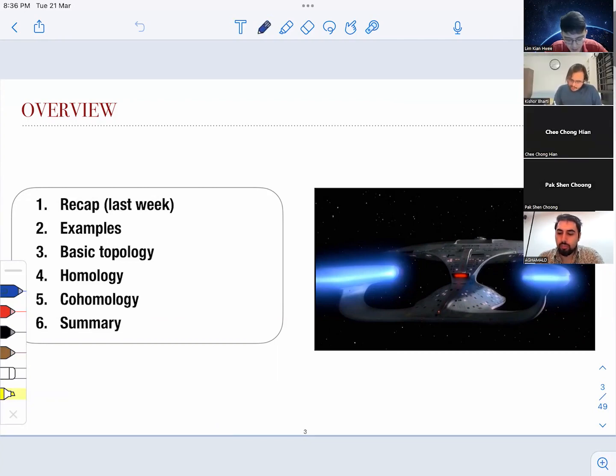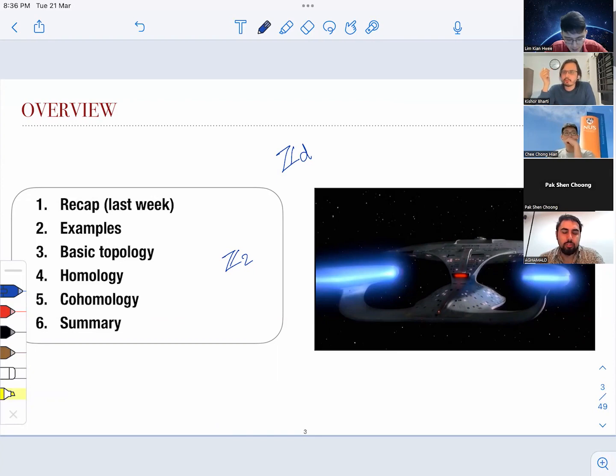I will be talking in particular about Z2 homology and cohomology. The reason is that we will be interested in qubits. If you are interested in qubits, you can look at Z_d homology and cohomology, which is a generalization of Z2 homology and cohomology. But it's a bit involved, so we will not be talking about it here. Maybe in future, if we have a follow-up, part 2 of this course, we can discuss it there.